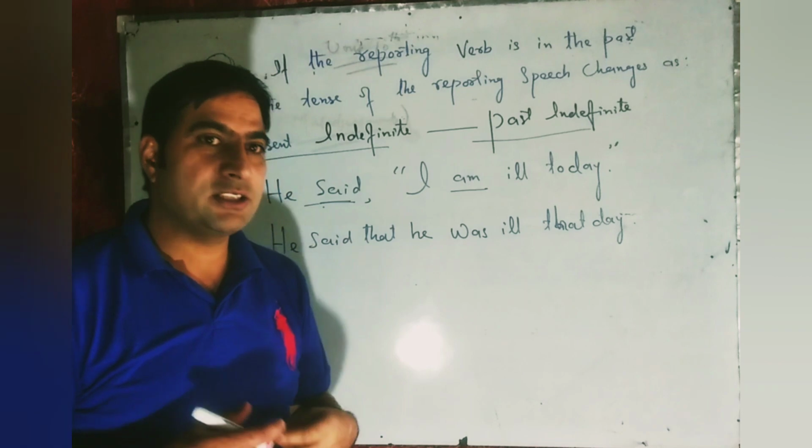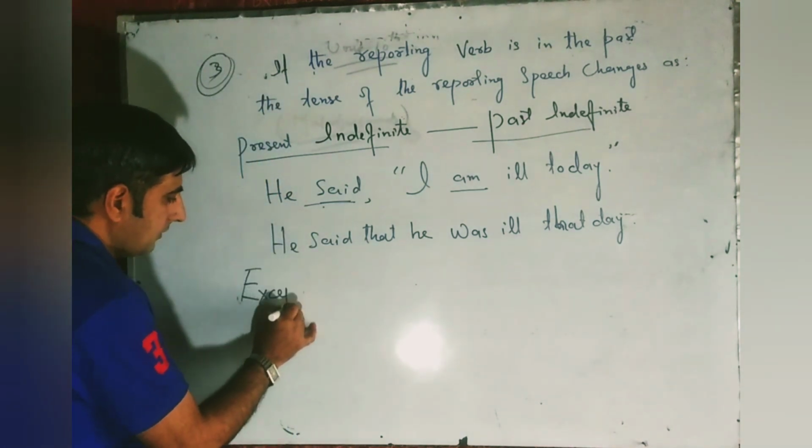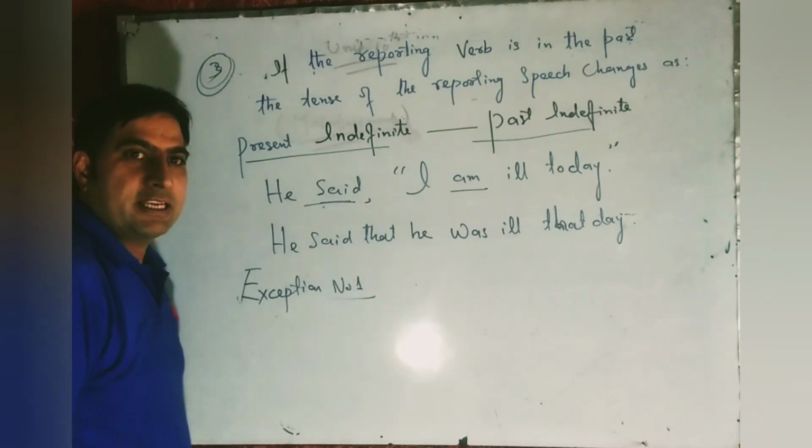Now there are some exceptional rules. Exception number 1. What is this exception?